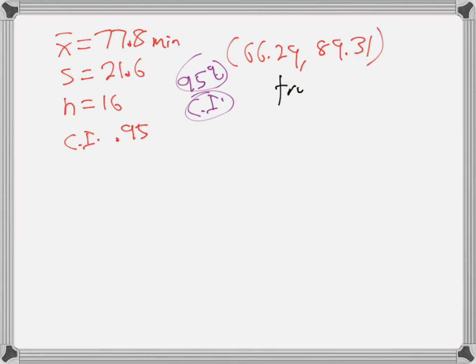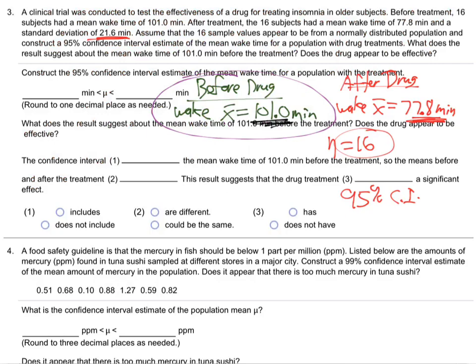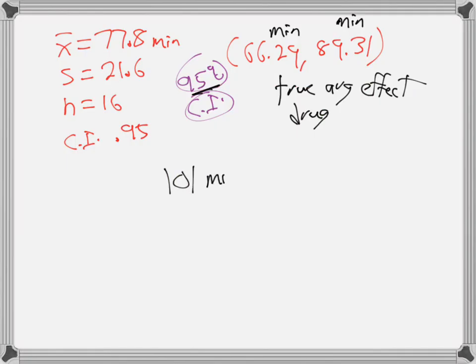The true average effect of the drug will be to make your insomnia go somewhere between 66 minutes and 89 minutes. We're 95% sure that if before your insomnia had been 101 minutes, the average for our group before, then if you take this drug, it'll bring your insomnia level down to between 66 and 89.